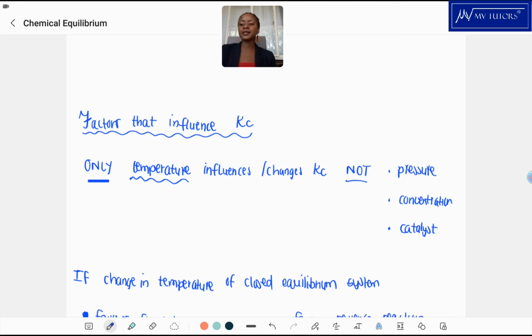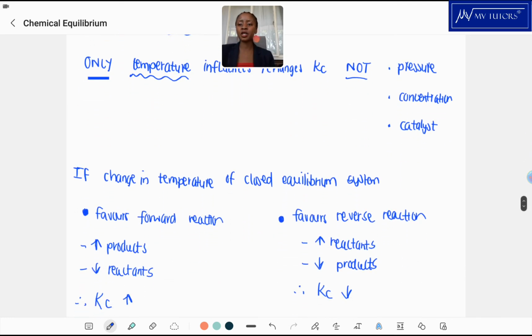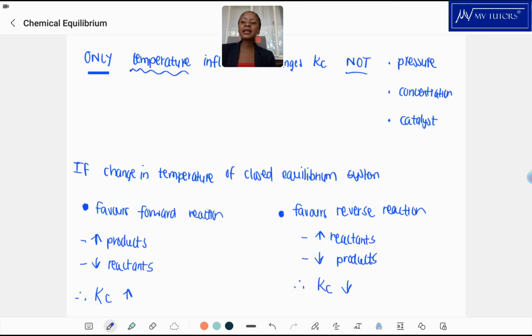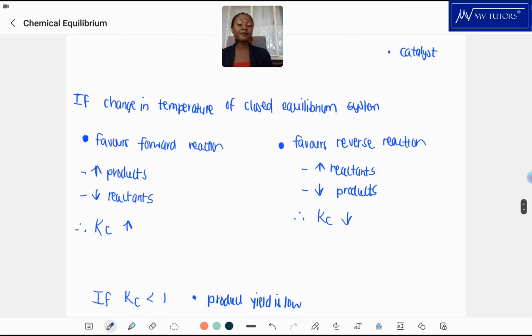So now what happens if we change the temperature of a closed equilibrium system? If it favors the forward reaction, whether it is endothermic or exothermic doesn't matter, remember the forward reaction is where we are forming the products. So there'll be an increase in your products, and your reactants will decrease.